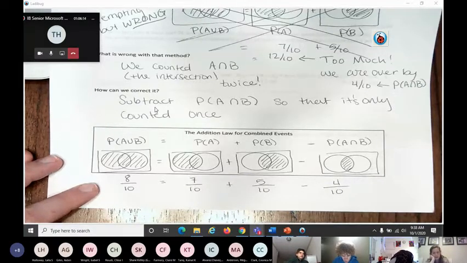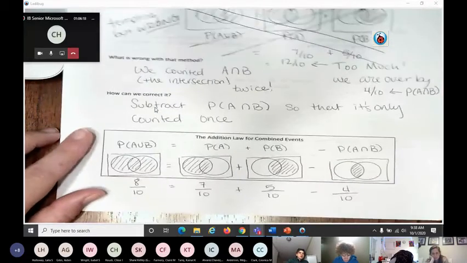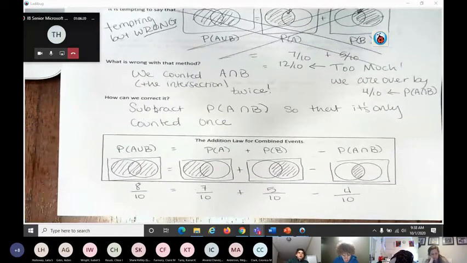What questions do you guys have? Okay, if there are no questions, I'm going to go ahead and do the example on the next page.